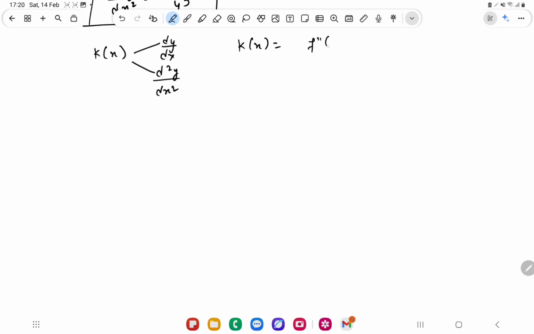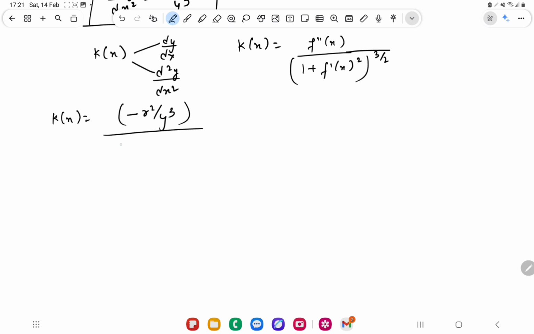My k of x function was the double derivative of the function divided by 1 plus the single derivative of the function whole square to the power 3 by 2. So here I substitute the double derivative, which was minus r square by y cube, divided by 1 plus the single derivative, which was minus x upon y, whole square to the power 3 by 2.